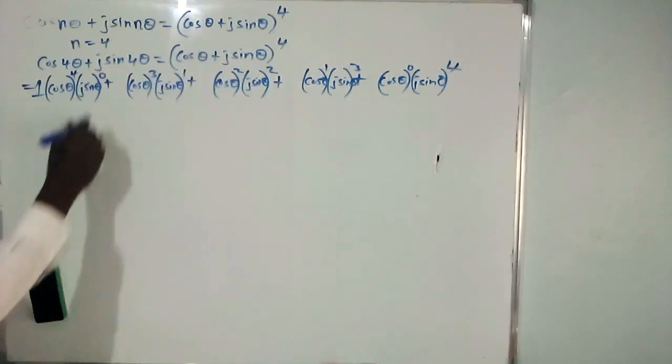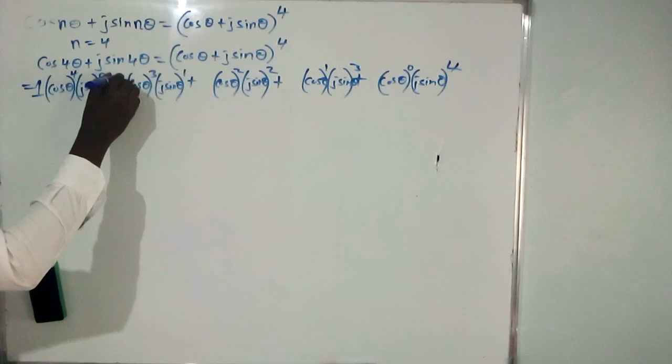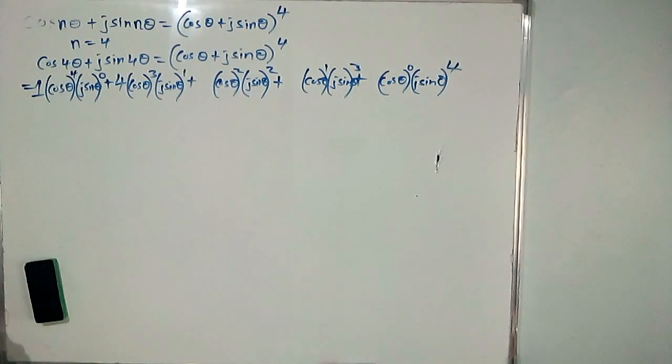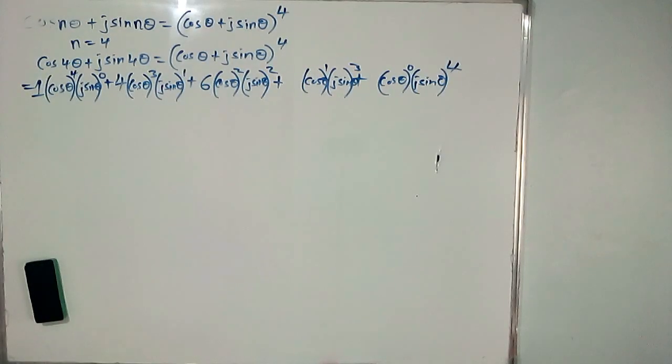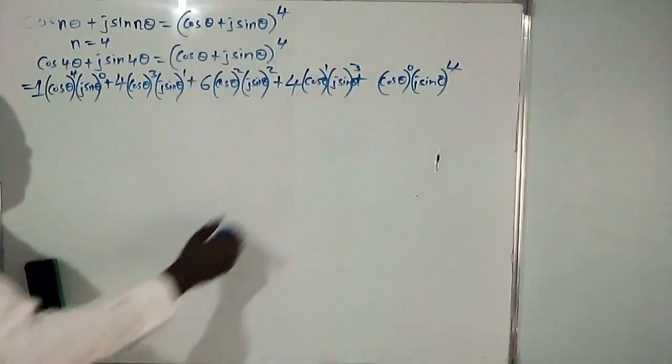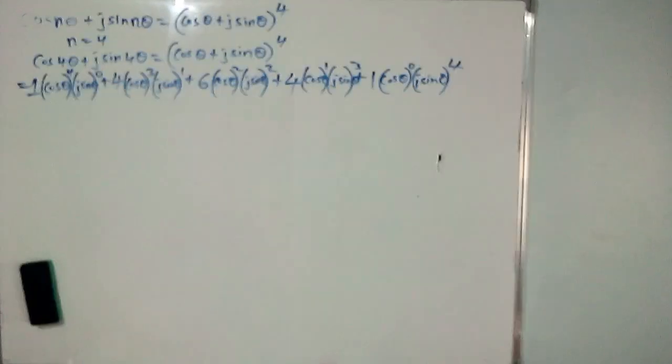The second is 4 combination 1, you get 4. The third, 4 combination 2, you get 6. Then 4 combination 3, you get 4. Then 4 combination 4, you get 1. So you have placed all the coefficients and powers.